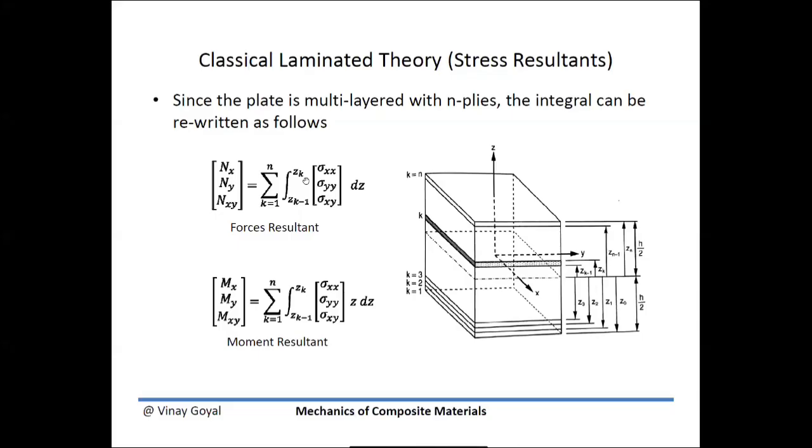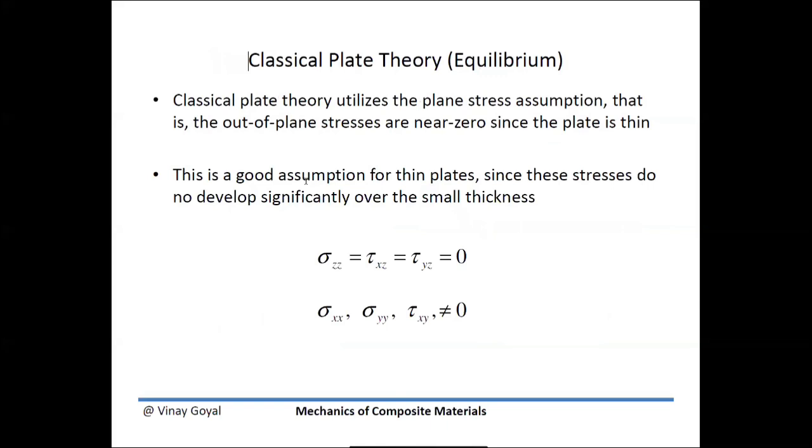And that's the key there. We already found in classical plate theory that if the plate is thin enough, we can make the assumption that the out-of-plane stresses are zero. If the plate is too thick, then this is not the case. But for thin plates, this is not a bad assumption. And why is that? Because the stresses through the thickness will not build up enough to be a concern.